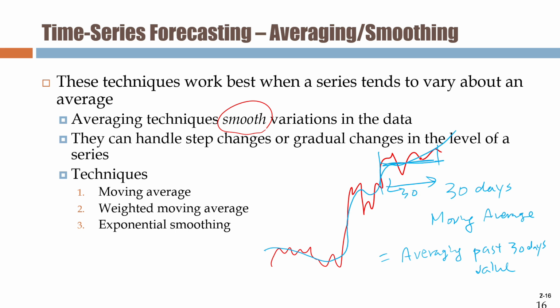You calculate the average of those 30 days, and then you plot that average here. Of course, this value is the past 30 days average.